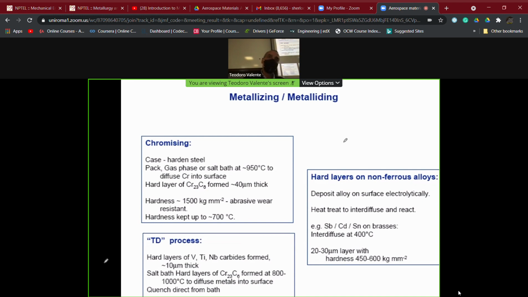Essentially, these techniques are used again on metal-based alloys. For example, chromizing is something which is well known, the so-called hard chromium coatings obtained by electrolytic procedures give to the surface very high value of hardness itself.